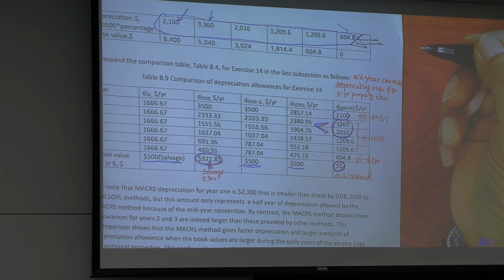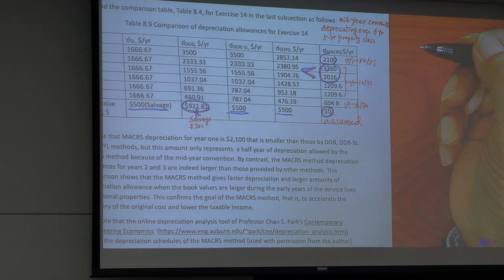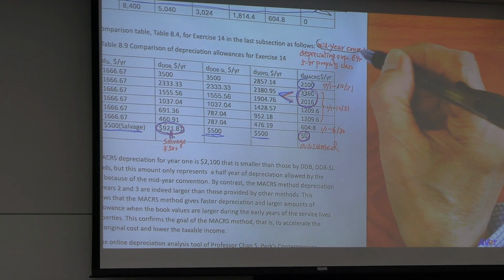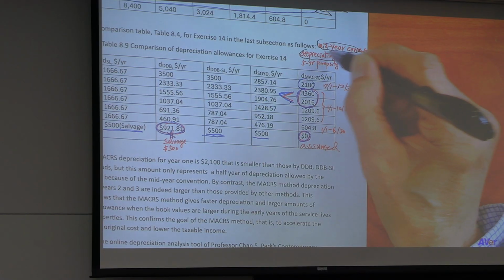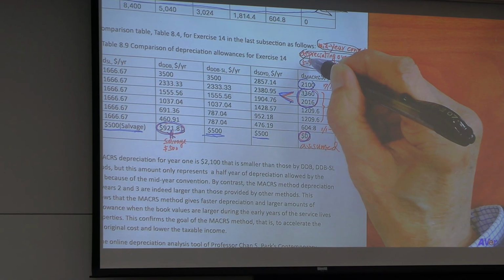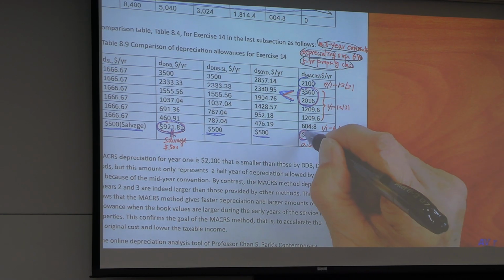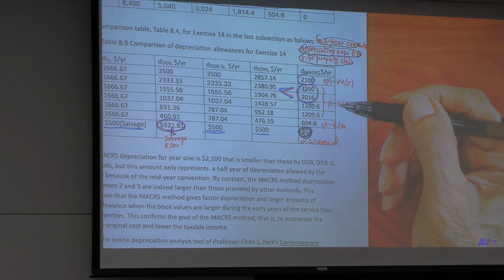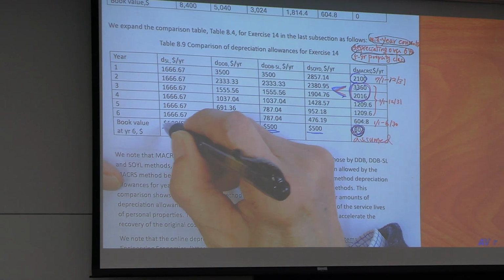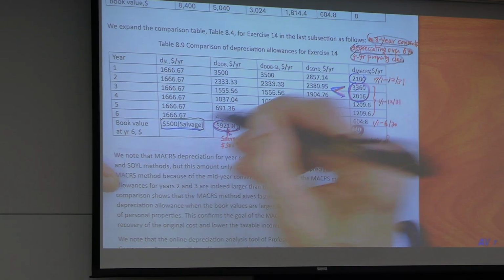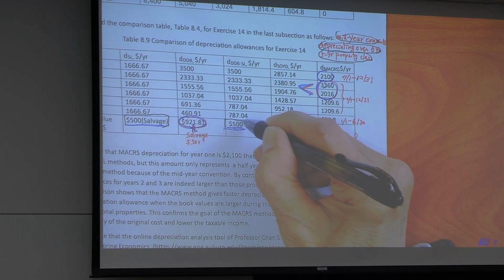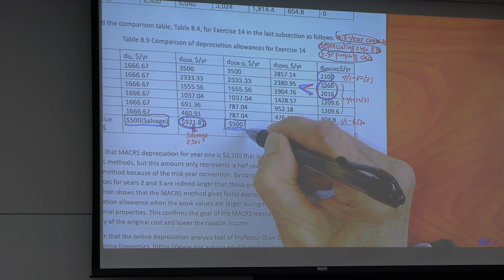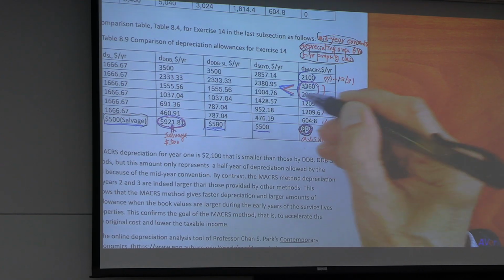Now let's compare. Mid-year convention, computer depreciating over 6 years, 5-year property class, 0 salvage. Straight line, salvage value given by the problem. Double declining balance, transition to straight line, salvage.